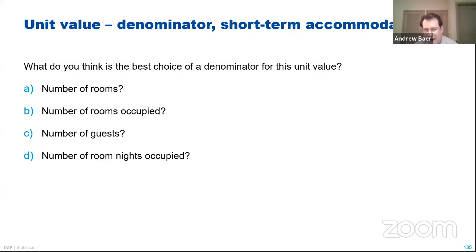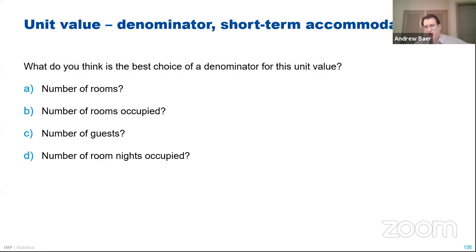The best denominator that we found was room nights occupied. That means if we were looking at the total revenue the hotel took in for the month, we would divide it by the total number of room nights. If one room was occupied all 30 nights in a month, it would get counted as 30 room nights. If another room was only occupied 20 nights within the month, it would be counted as 20 room nights.